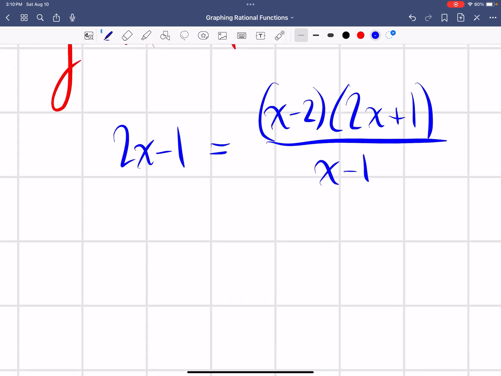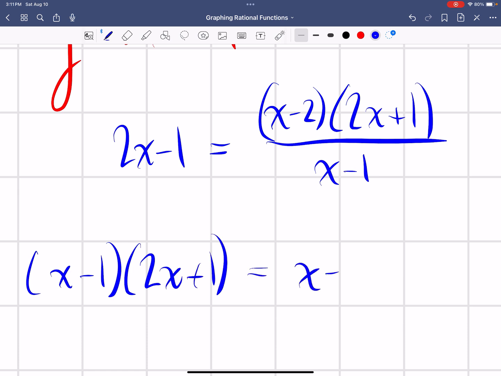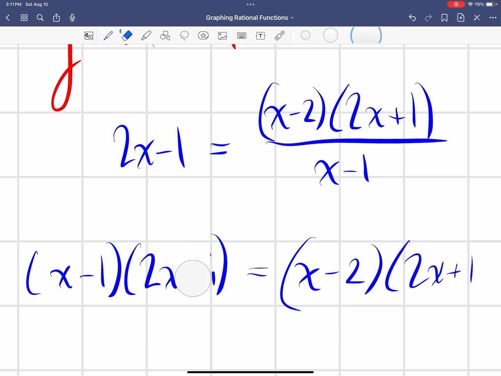Okay, let's do a couple of things at once here. We'll multiply both sides by the denominator, so that we have x minus 1 times 2x plus 1 equals x minus 2 times 2x plus 1. Oh, whoops, little mistake. This is minus.